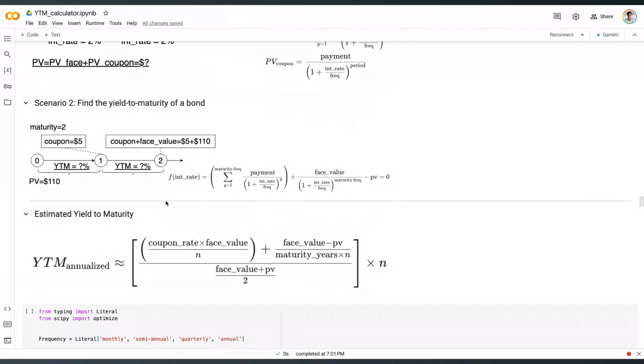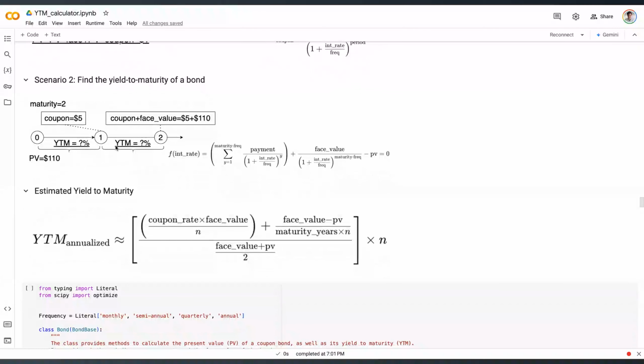Basically, what we have here is a function of an interest rate that we need to use iteratively to find the value that satisfies the equation. And this is the equation. When the difference between these two components, the present value and this part on the left side, equals 0, we found the yield to maturity.